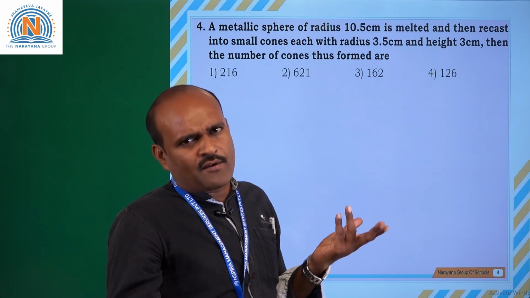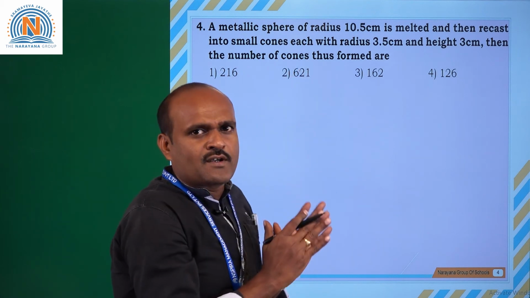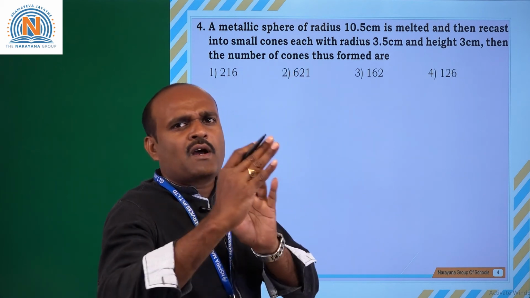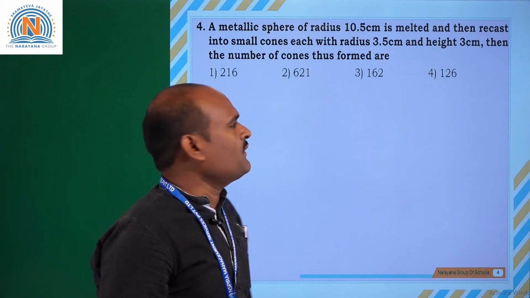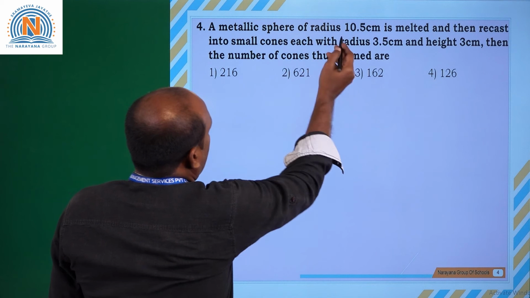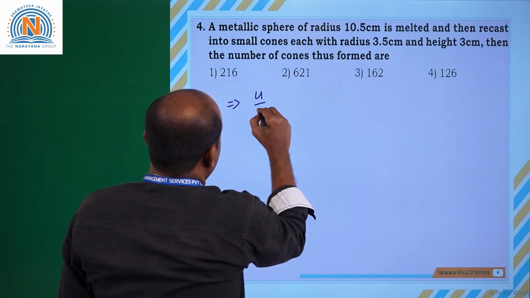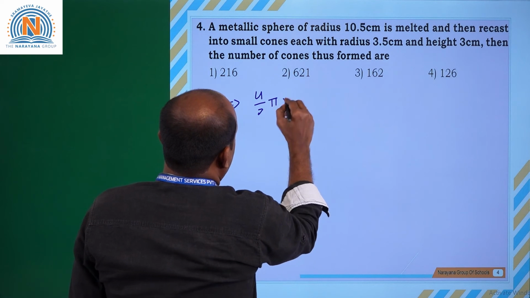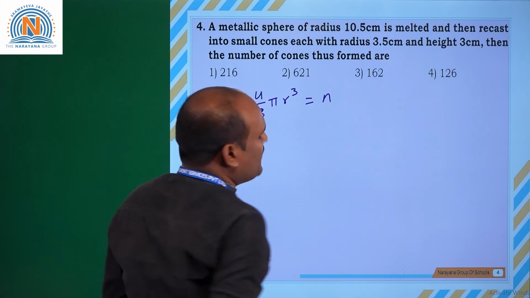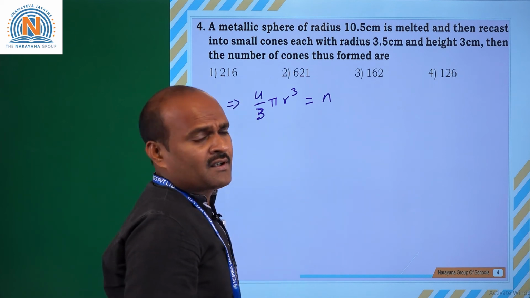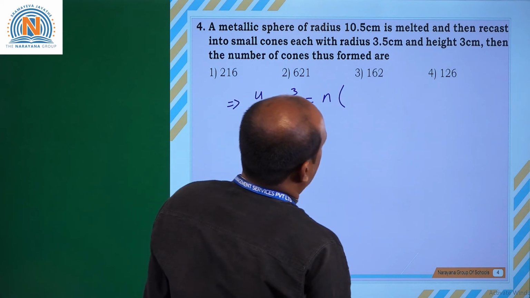Some n number of cones, right. So the volume of the sphere is equal to the volume of n number of cones, n number of smaller cones.